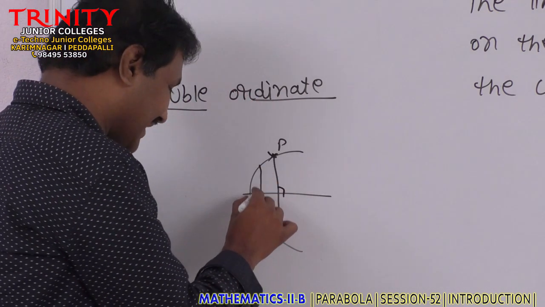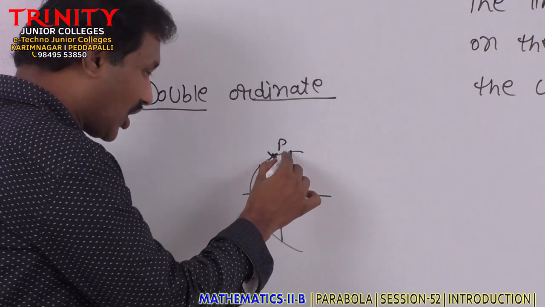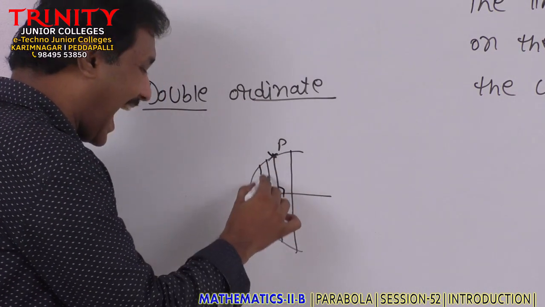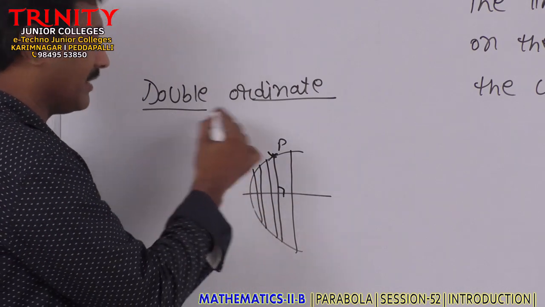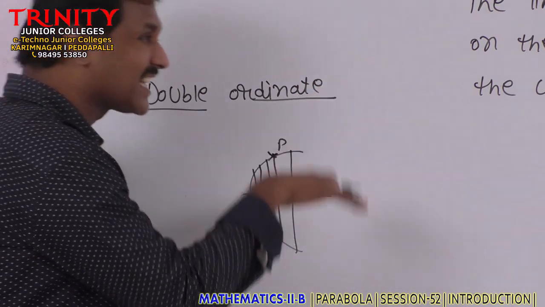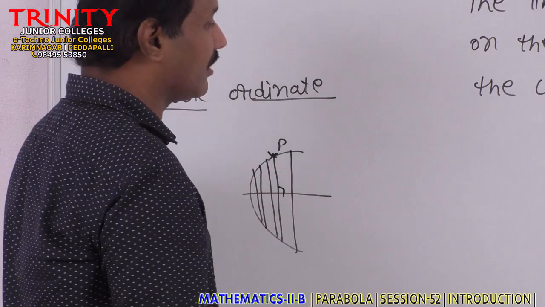Double ordinates are like this. The chord which is perpendicular to the axis of the parabola is called a double ordinate.